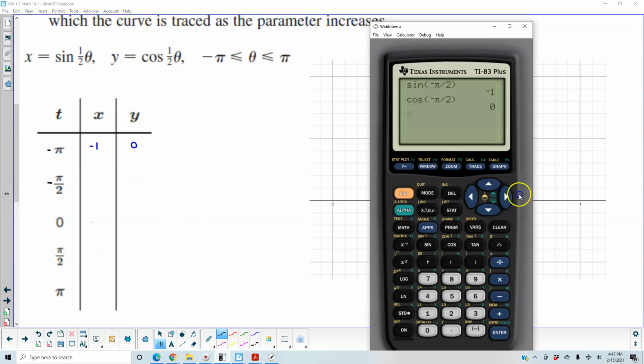Okay, and so now let's put in the sine of 1/2 times negative pi over 2, which is going to be negative pi divided by 4 when you multiply them together, and that gives us negative 0.71.